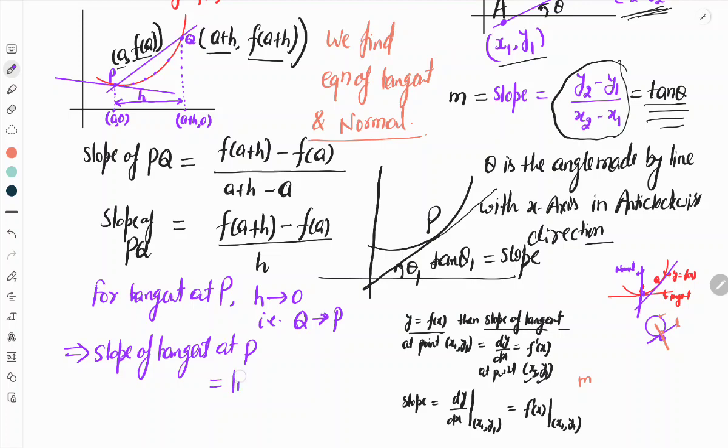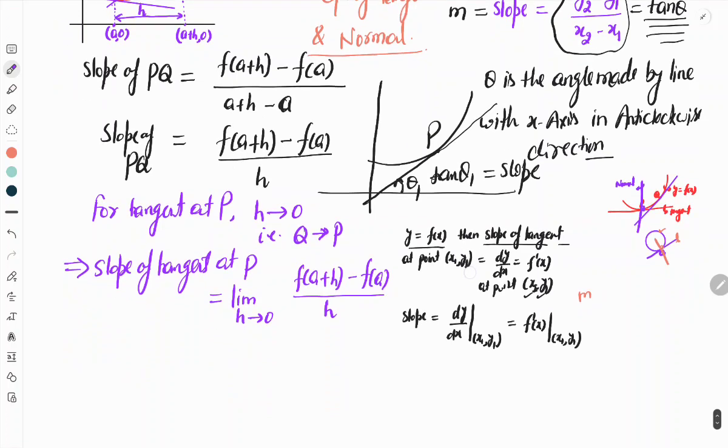You will say the limit as H tends to 0, correct or not? You want to make H zero, of f(A plus H) minus f(A) upon H, and this is nothing but, as you did in differentiability, f'(A), and this is nothing but f'(x) at the point (A, f(A)), correct or not?